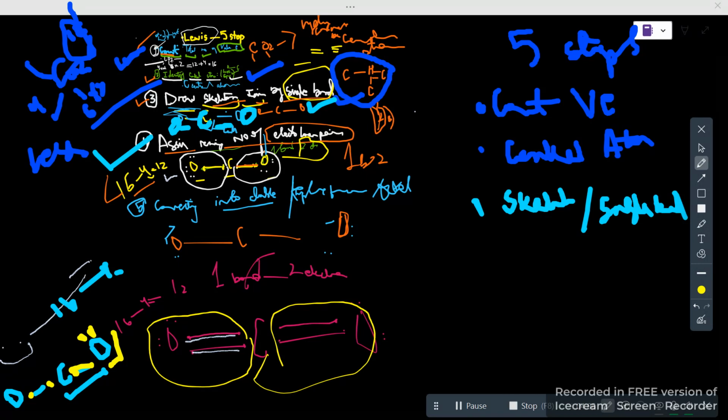Here as well, 1 2 3 4 5 6. So you get 6 plus 6, 12, and 4 was already given. So make sure you summarize all of the 16 electrons, whereas 4 was done before and 12 in the fourth step. The fourth step is about assigning.